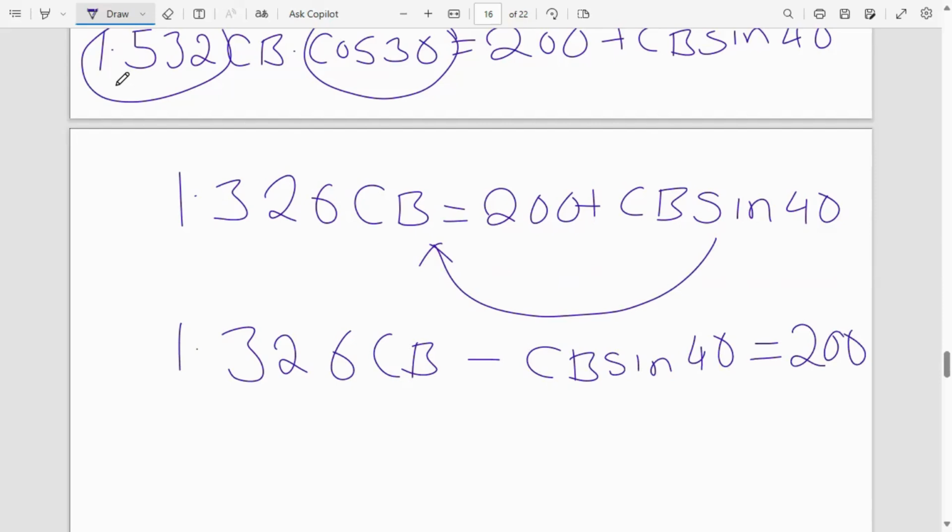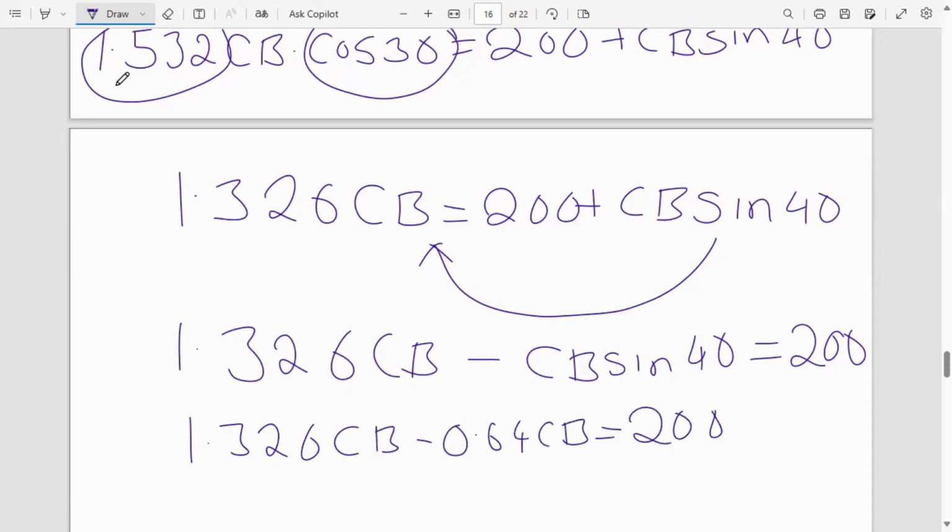What is the value of sin 40? Sin 40 is equal to 0.64. So I'm going to have 1.326 CB minus 0.64 CB equal to 200.